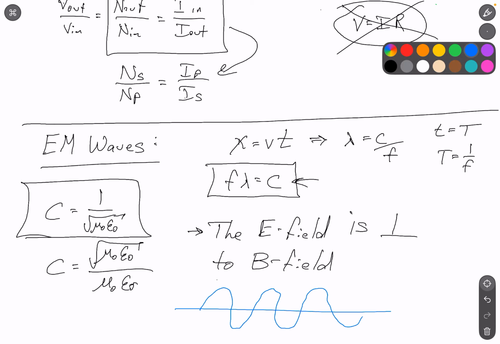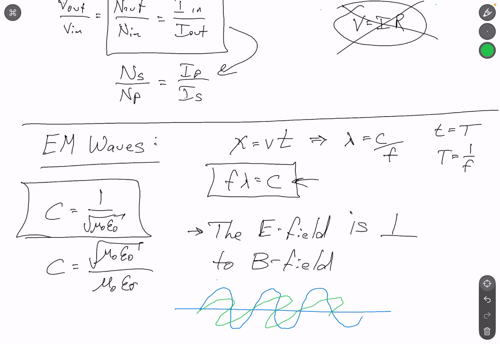I'm going to draw my B field. It has to be perpendicular, 90 degrees. Has to be. So that's what we're going to go off of. All right, perpendicular things.